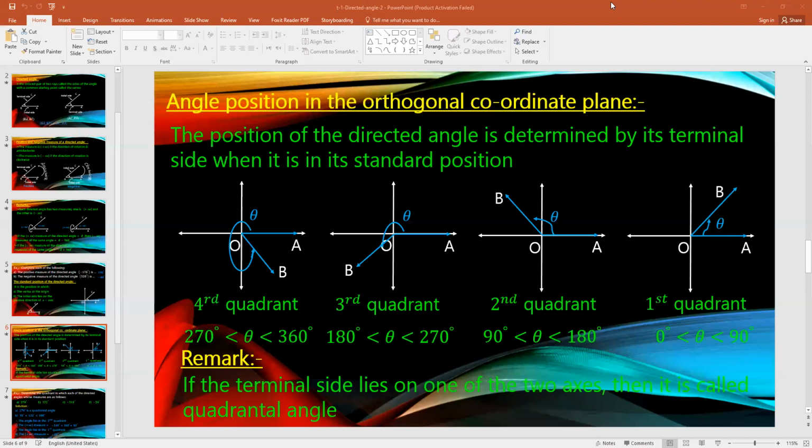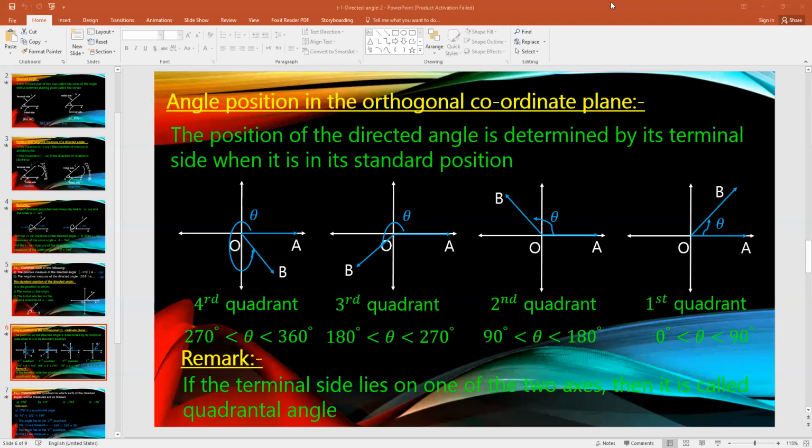If 270, quadrantal. And if the measure equals 0 or 360, also quadrantal. Again, if the terminal side lies on the x-axis, positive or negative, or the y-axis, positive or negative, then this angle is called quadrantal. Its measure equals 90, 180, 270, or 360.